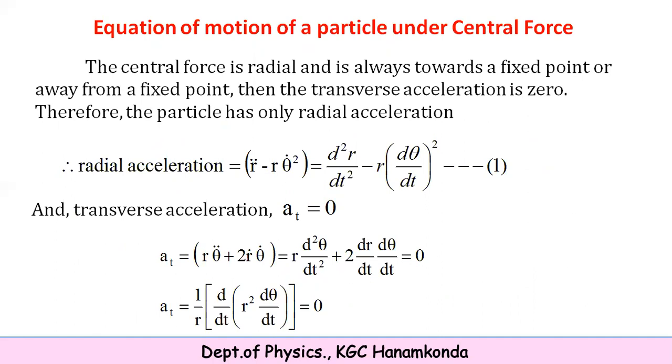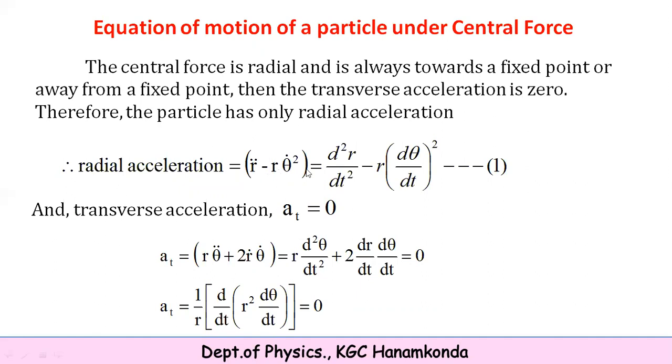There is only radial acceleration possessed by the particle. The particle does not possess transverse acceleration, because the force is along only the radius vector. Therefore only radial acceleration is had by the particle. That is why here we are taking radial acceleration.